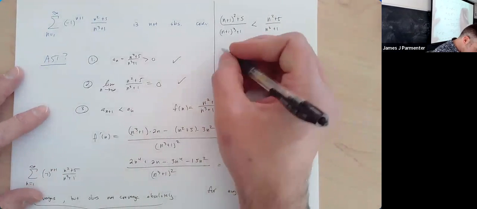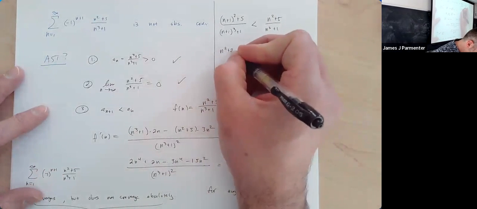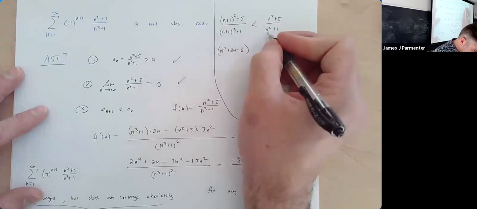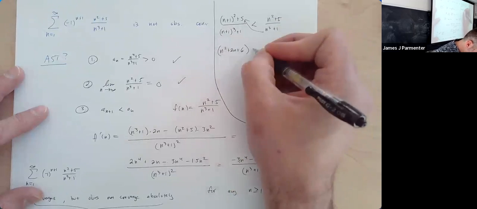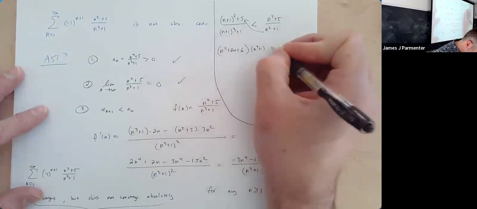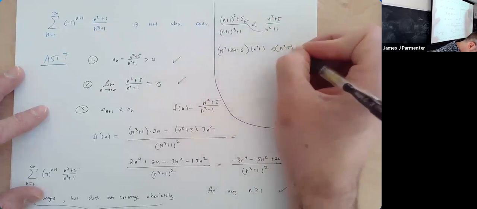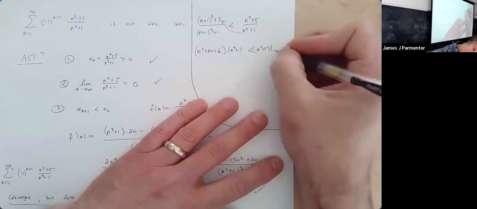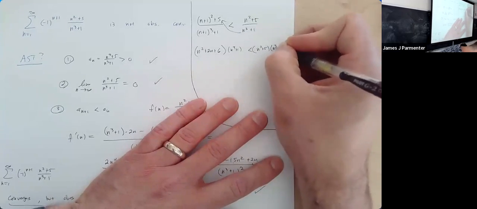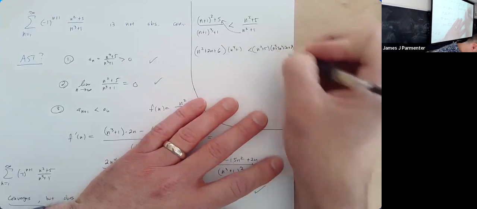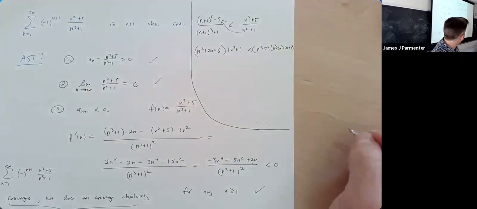I'm going to get n squared plus 2n plus 1 plus 5 is 6, times this up here, n cubed plus 1, less than n squared plus 5 times this, which is n cubed plus 3n squared plus 3n plus 1 plus 1 is 2. And then you would multiply it all out.